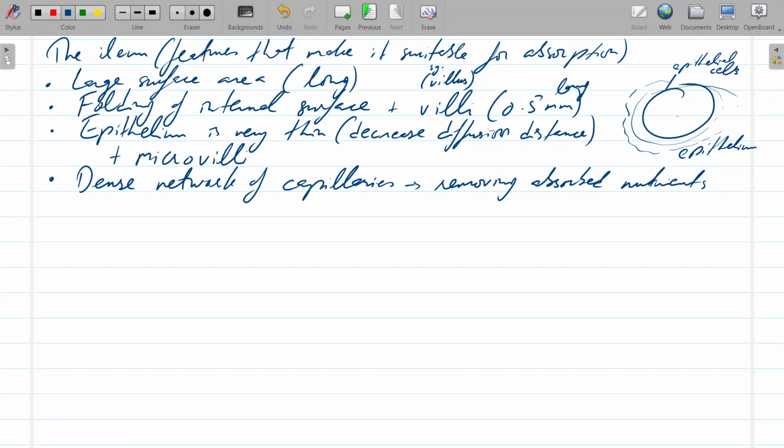From the epithelial cells, they move into the blood capillaries surrounding them, and that blood carries the nutrients away. The blood coming in after that doesn't have nutrients, so diffusion carries more in, and so the diffusion gradient is maintained.